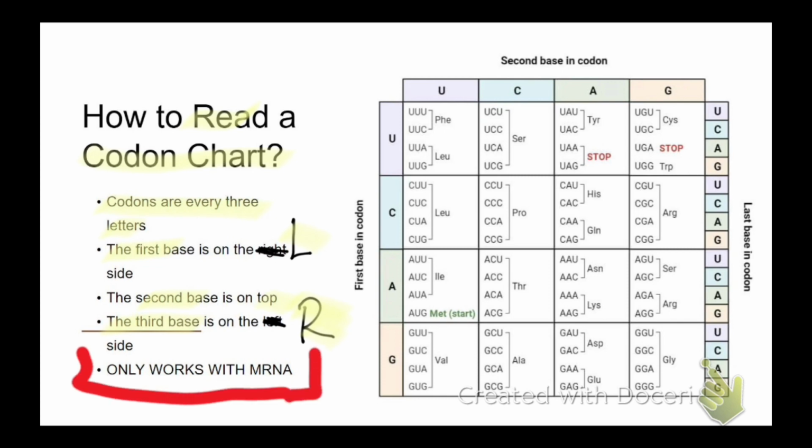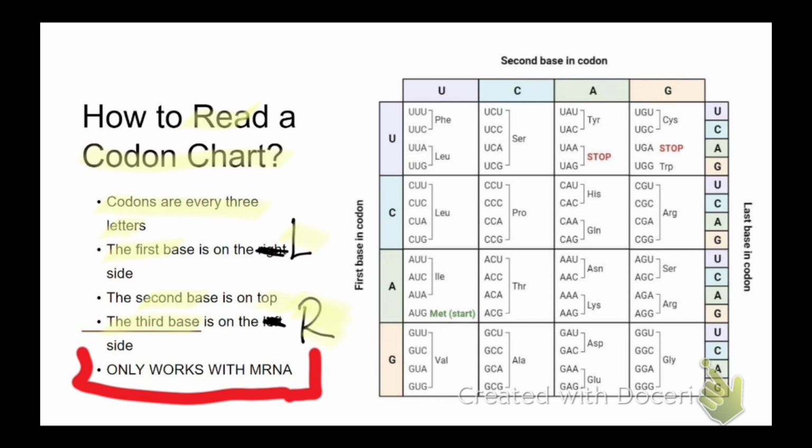This process would not work with DNA, because do you see a T on this chart anywhere? No. I only see U's instead of T's, right? So this is only relevant for our RNA, not our DNA. So remember, RNA is going to replace that T with a U.